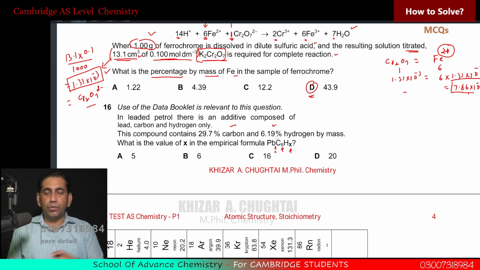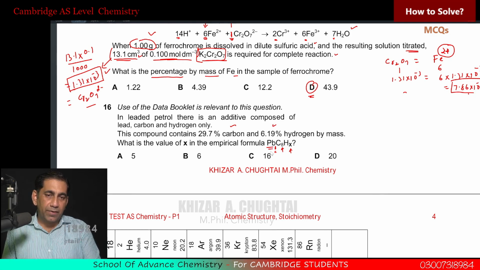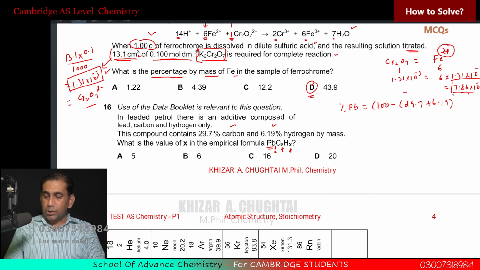Simply two percentages are given. If you apply the basic rule of empirical formula, then the percentage by mass of lead, since only three elements are there, will be equal to 100 minus 29.7 plus 6.19%. So what is the answer?